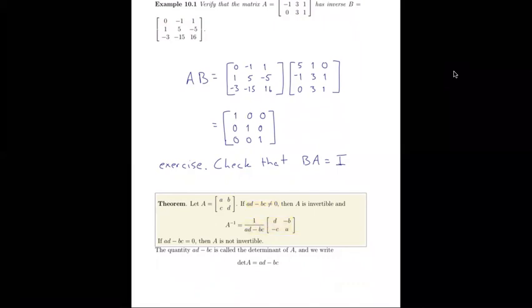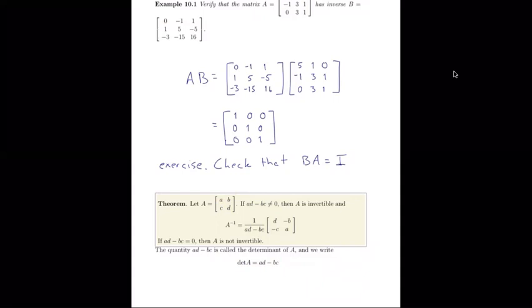So we can check whether or not the matrix has an inverse through this number here. This is called the determinant of A. We're naming it down here, denoted as det A, and it's just ad minus bc. Notice that this is really a diagonal, a times d, minus b times c, cutting the other way. So if this number is non-zero, then A is invertible, and it has this formula.